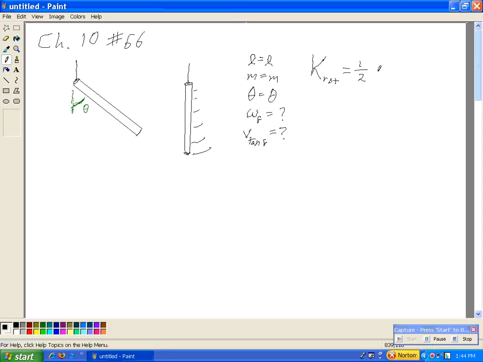It's a rotational version of m, which is the moment of inertia, and the rotational version of velocity, which is omega squared. 1/2 mv squared becomes 1/2 I omega squared. Also good to know that for a rod rotating about its end, I is 1/3 mr squared.